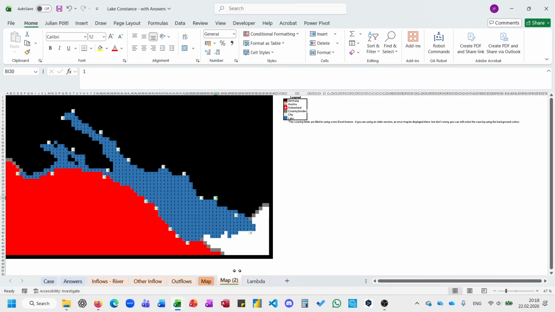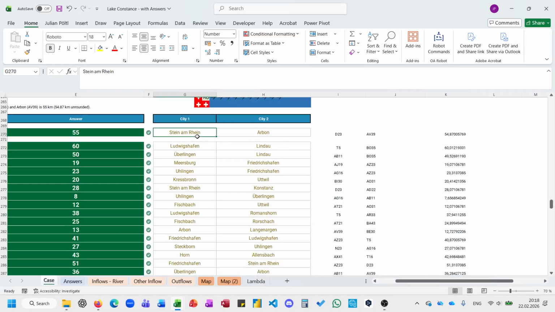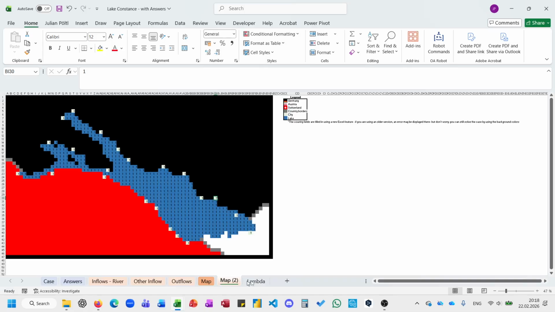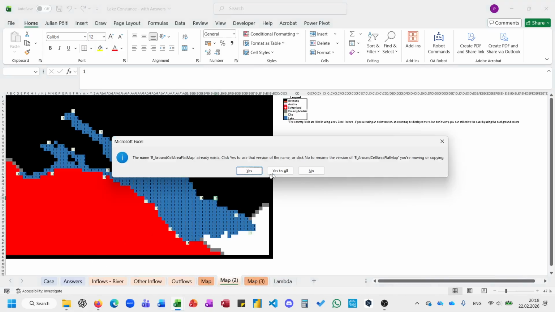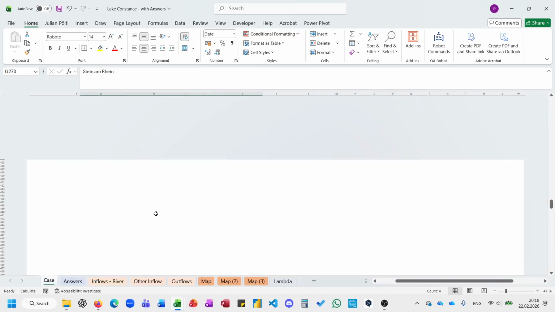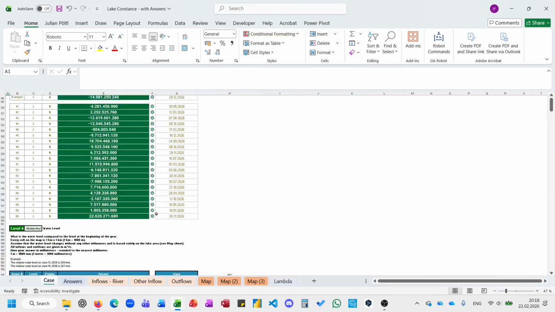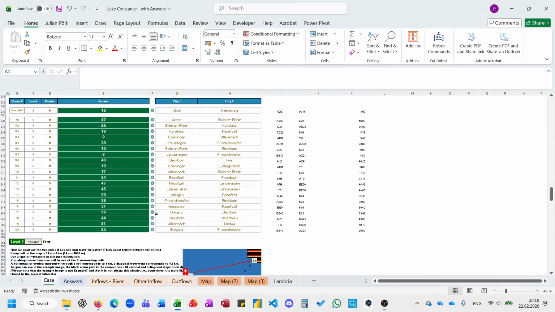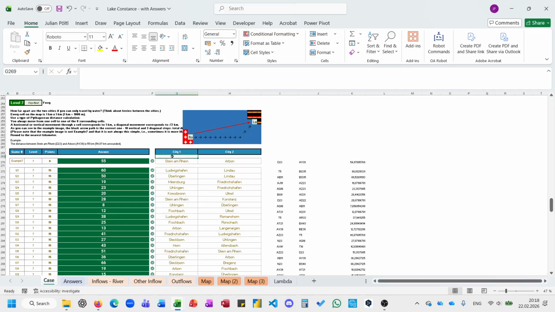Now we do it the old school way, I would say. So first I copy this here on another map copy. Yes to all. Where am I? Stein am Rhein, and those.